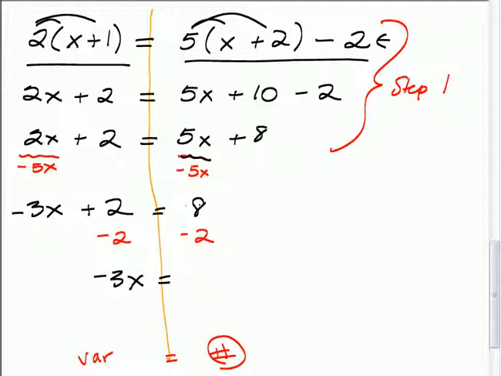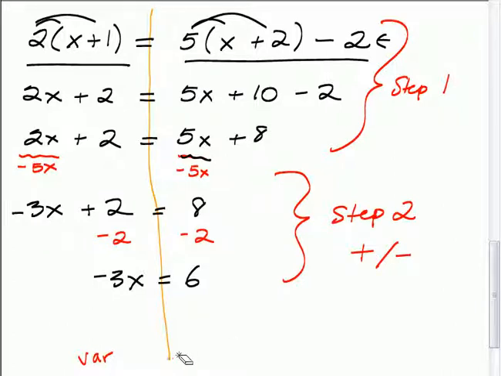Over on the right we have 8 minus 2, which is 6. So what we've done so far, getting all the variable terms on one side and all of the number terms on the other side, was step 2, and you remember we used addition and subtraction.